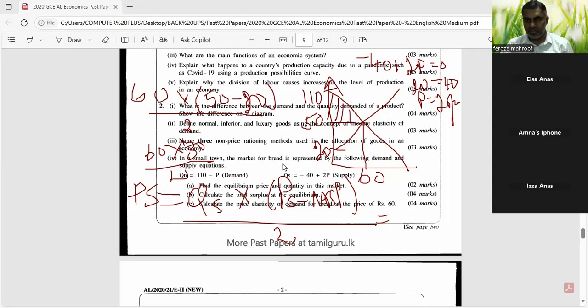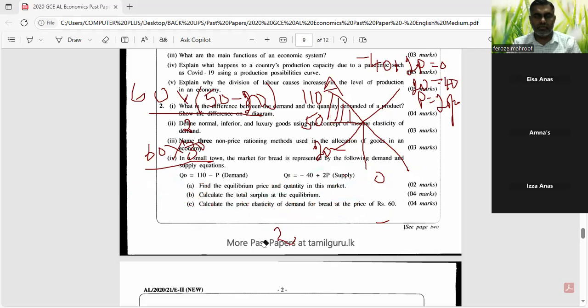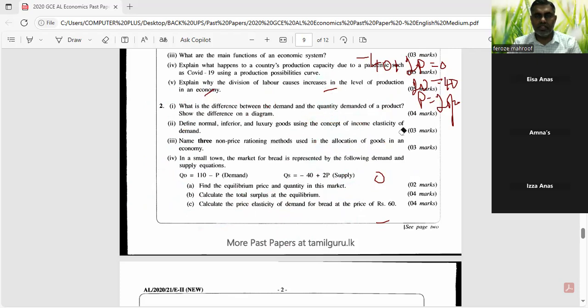Producer surplus is 900. Consumer surplus is 1800. Producer surplus 900. Therefore, total surplus is 1800 plus 900, that is 2700.